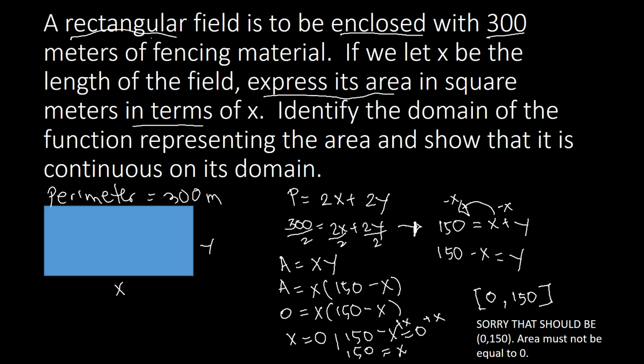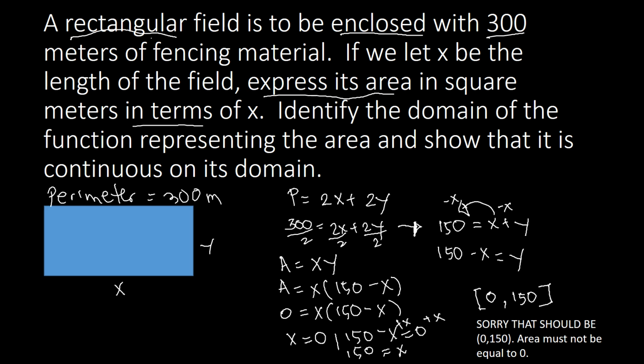But if you get values outside this interval, your function will not be okay, because you will be getting a negative area. That is why this is the domain: these are the only values of x that give you an area from 0 and the positive areas.